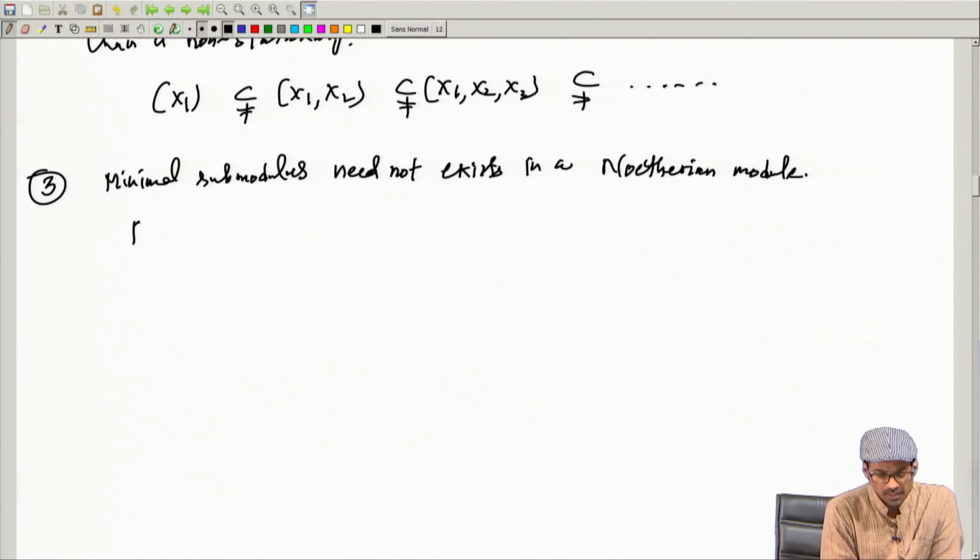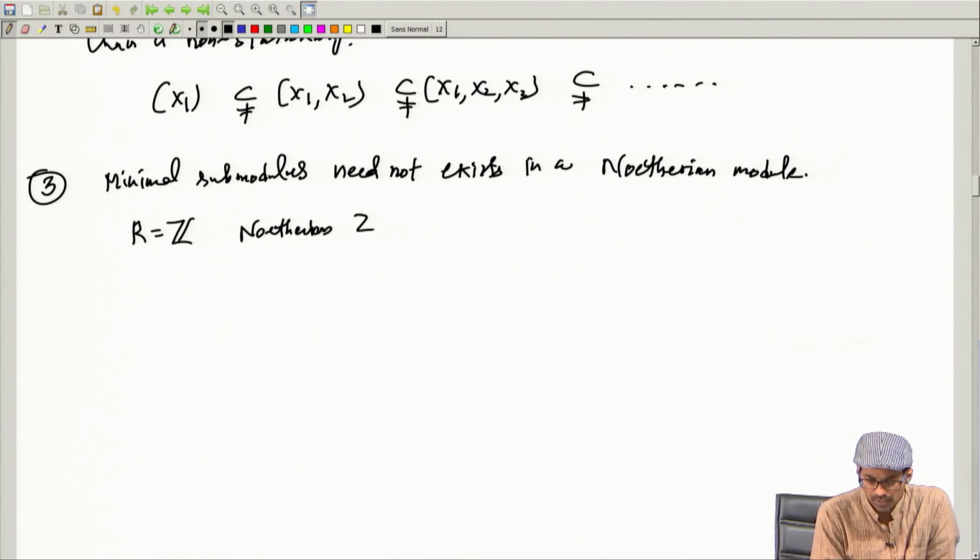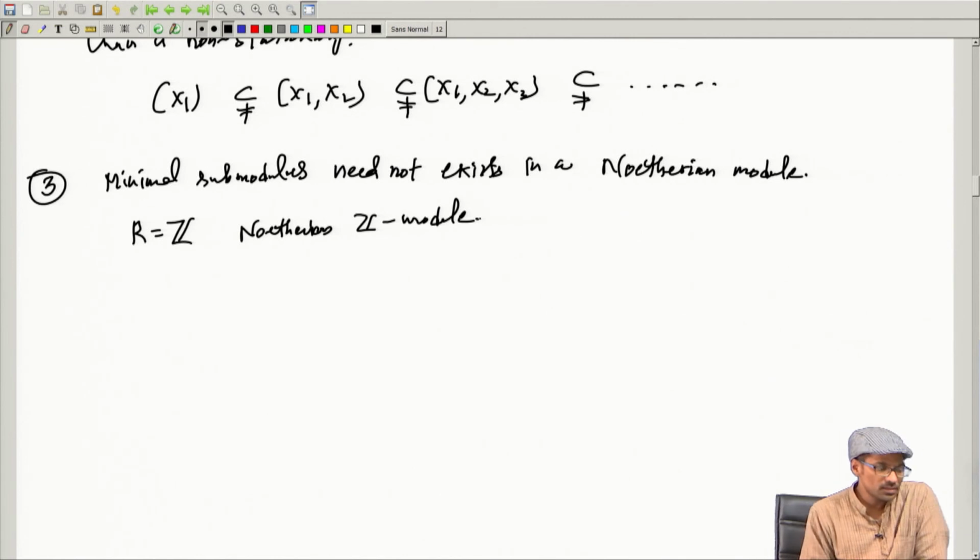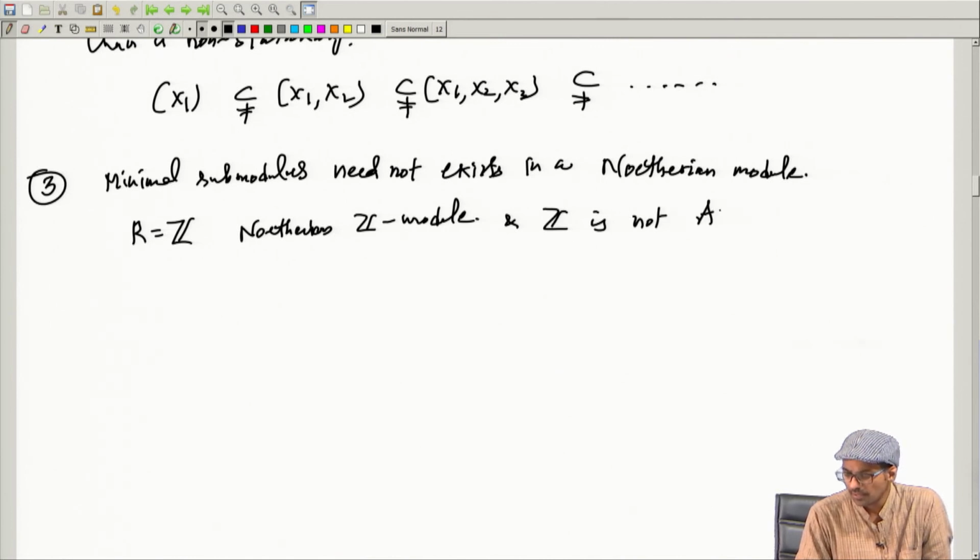For example, let us take R equal to Z. This is a Noetherian Z module, but Z is not Artinian.